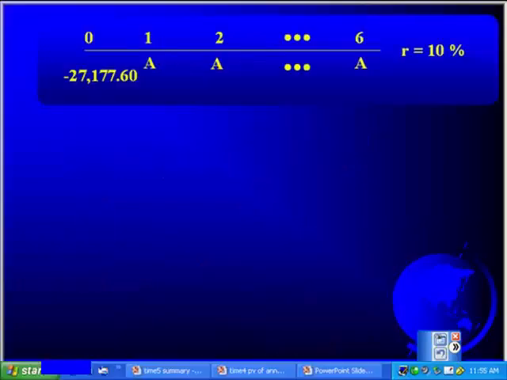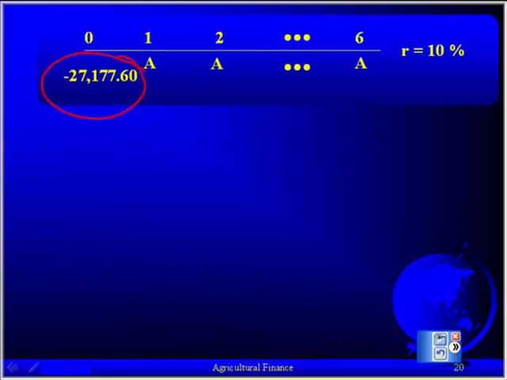So in the previous slide, we calculated the present value of its cost, or the cost of that tractor today. What we want to know is, what does that cost on an annual basis over the life of this particular tractor? Now, if we want it uniform, we're going to use this A, so we have a uniform annual cost over the life. We're assuming that the interest rates are at 10%.